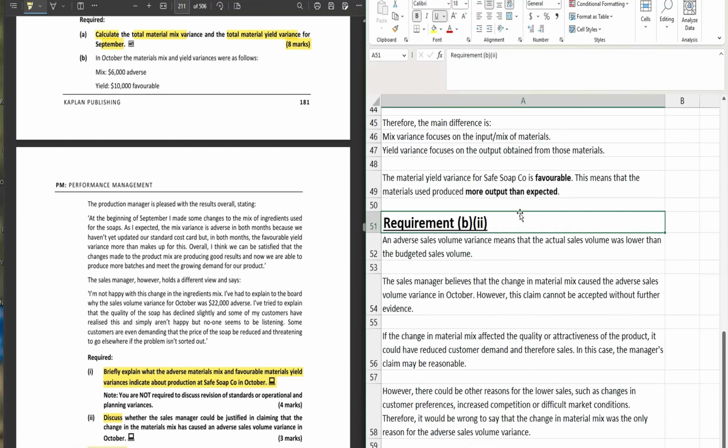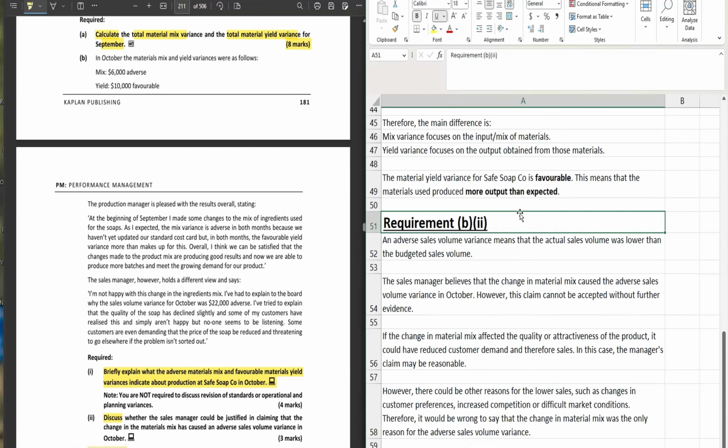If there is a change in the material mix, it will affect the quality or attractiveness of the final product, and in that case it will obviously reduce customer demand and therefore sales. In that case, what the manager is saying could be justifiable.